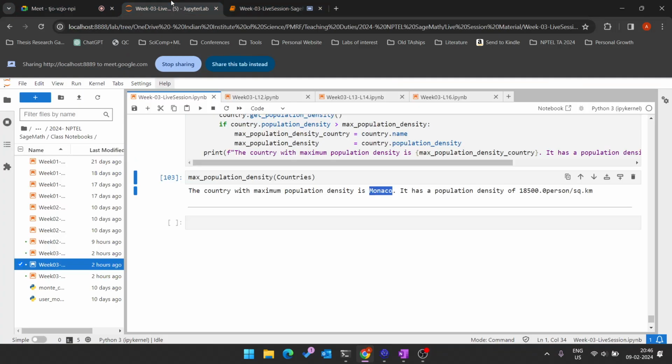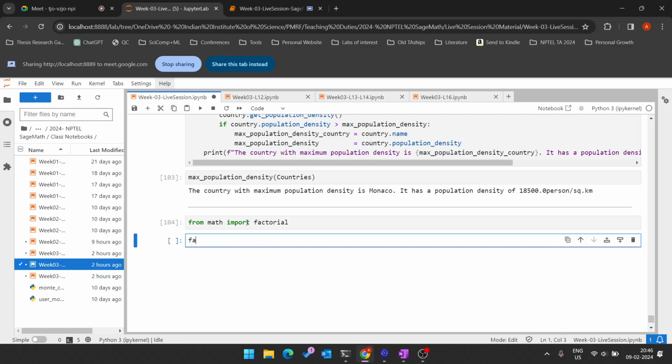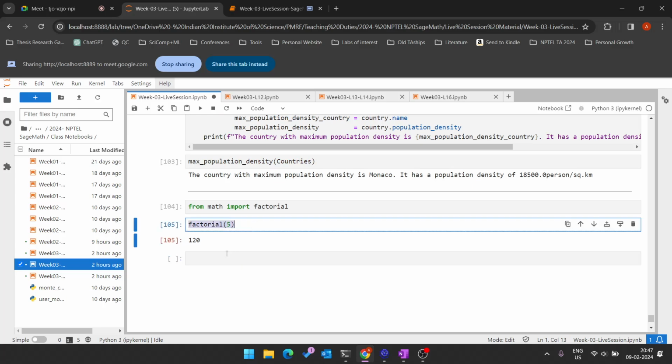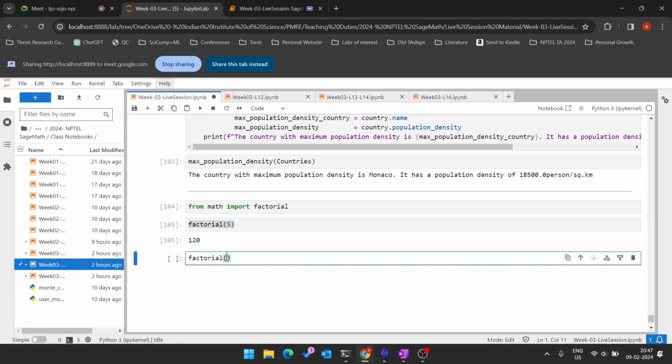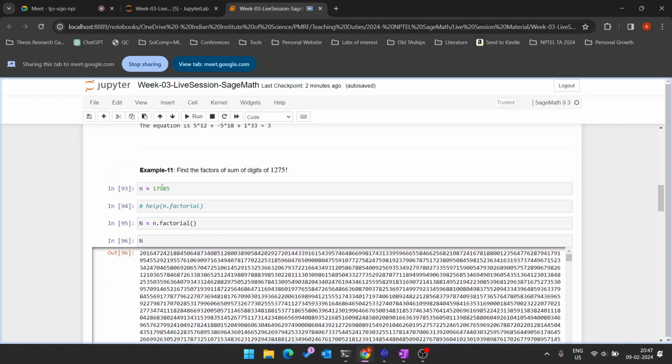Okay, let's see, running it here. So this run, say factorial of 5. I change... what number were you suggesting? 79.